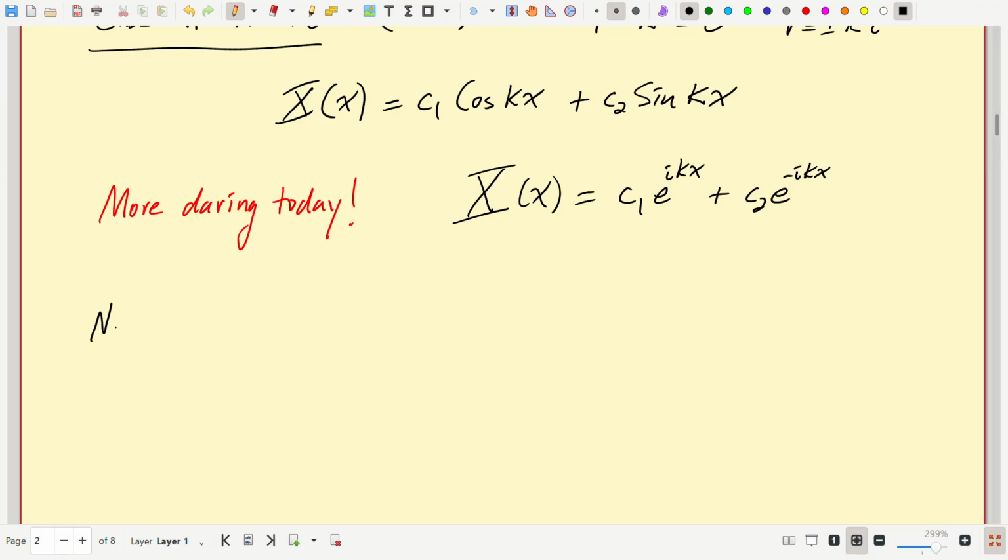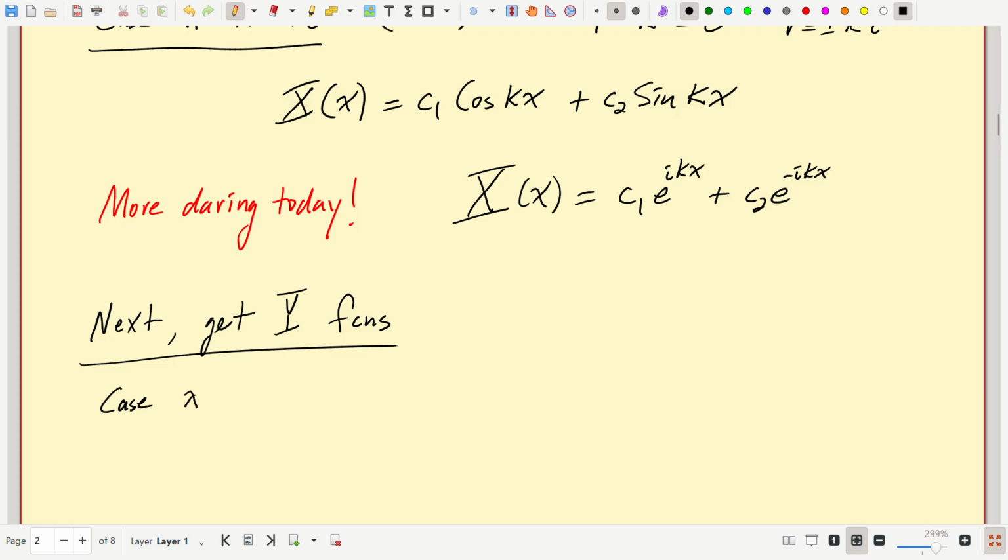And now let's get the y functions. Let's see. I got solutions in the case lambda equals positive k squared.